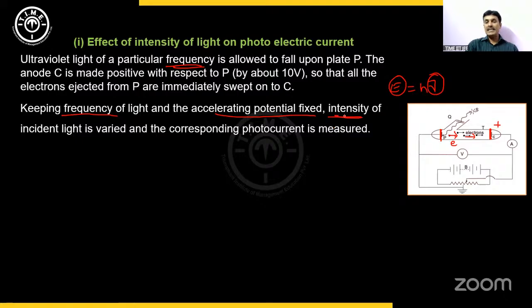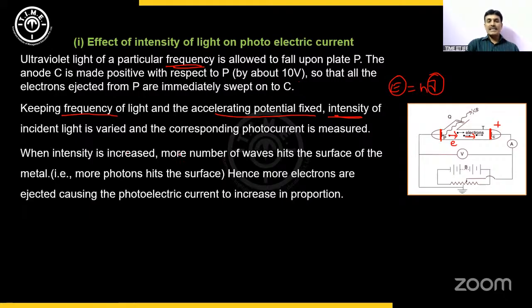Here, intensity represents the number of photons. More intensity means more photons falling on the metal surface. If more photons are falling on the metal surface, they can release more electrons. So, proportionally, current increases with increase in intensity, isn't it? Right.